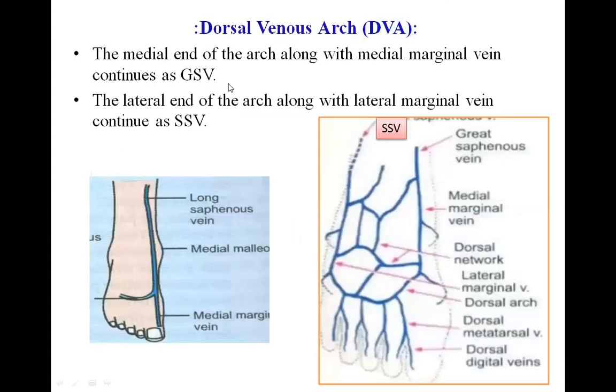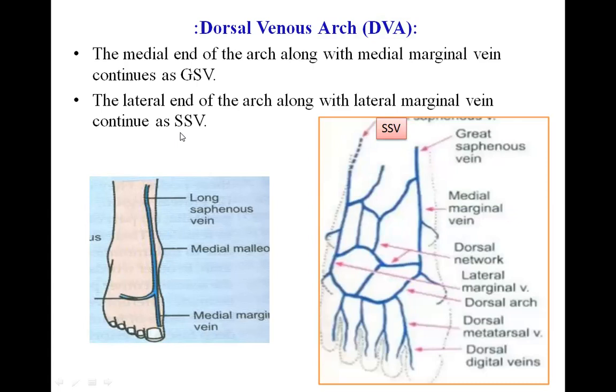The medial end of the dorsal venous arch, along with the medial marginal vein, continues as the great saphenous vein. So the medial marginal vein joins with the medial end of the dorsal venous arch and continues as the great saphenous vein or the long saphenous vein.